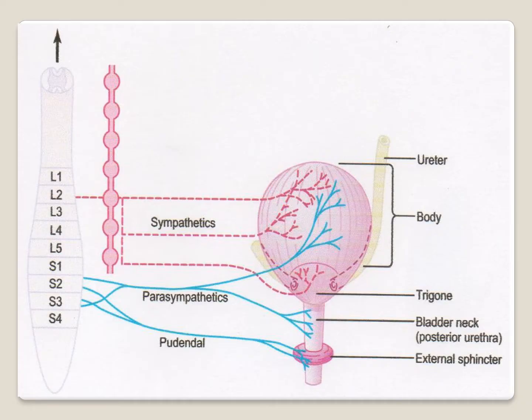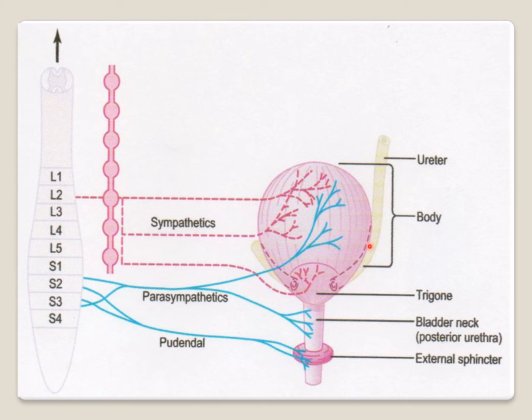Internal sphincter. At the posterior wall of the bladder, there is a triangular area which is called the trigone. It is above the bladder neck. The lower apex of it opens to the posterior urethra. At the uppermost angles, both ureters open, this ureter and this ureter.